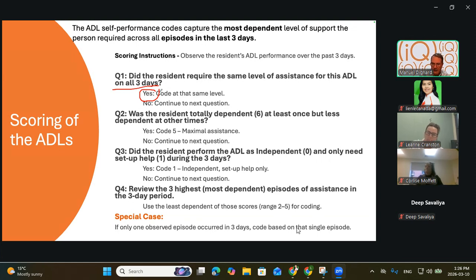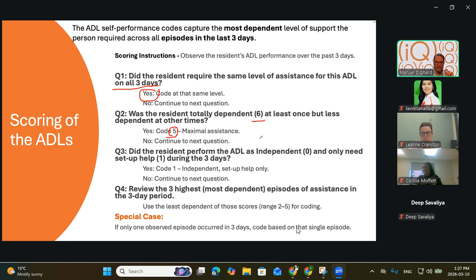Now, we're looking at 9 episodes, right? If 1 up to 8 of these episodes is at least a 6, doesn't matter how many. If you have a 6 with anything else, doesn't matter how many, you end up with a 5.